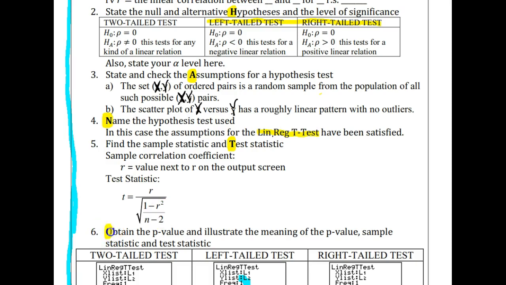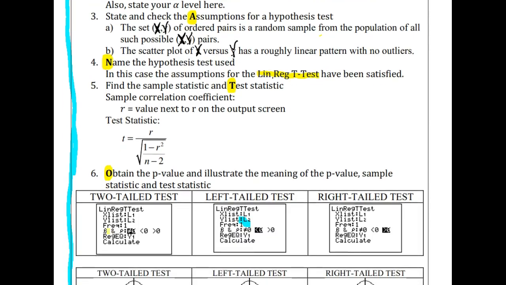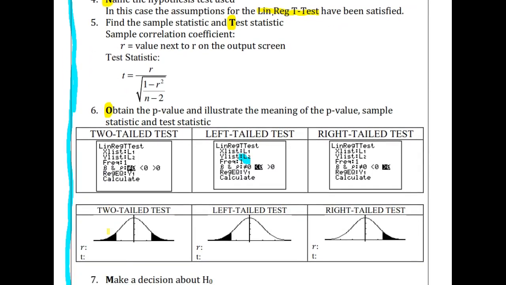Okay. Our next step in PHANTOMS is to obtain the p-value and to make a graph that makes sense out of all of these numbers. Again, we're going to largely be focusing on left-tailed and right-tailed tests in this class. On our horizontal axis here, if we go up to step 5 with the test statistic, we're going to have r as a random variable, and then the standardized form of that random variable is t.